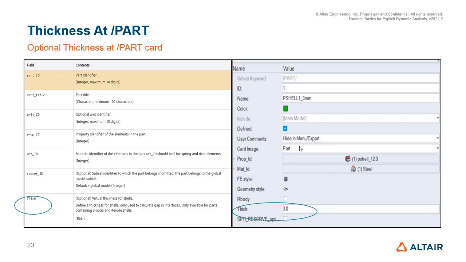So in the part card, you will always have this standard parameters, that is property, material, and along with that you can define optional thickness in this field, and this optional thickness will be just used for the contact gap calculation.